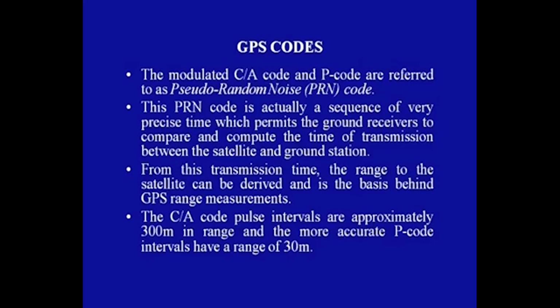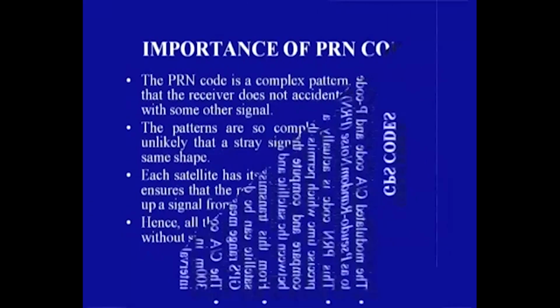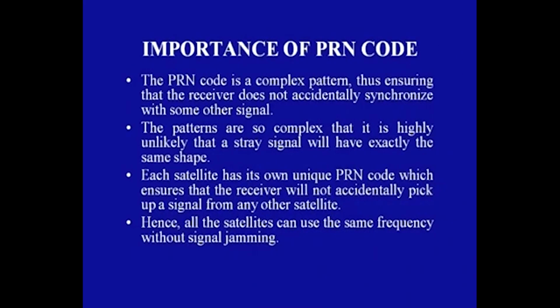The CA code pulse intervals are approximately 300 meters in range, and the more accurate P code intervals have a range of 30 meters. Well, let us look at the importance of the PRN code. The PRN code is a complex pattern, thus ensuring that the receiver does not accidentally synchronize with some other signals, so that there is no corruption in the data computations subsequently.